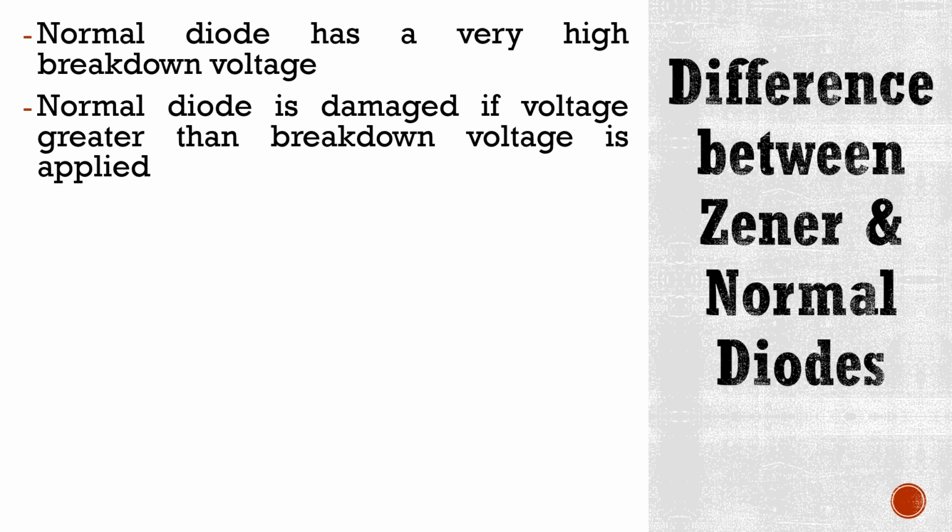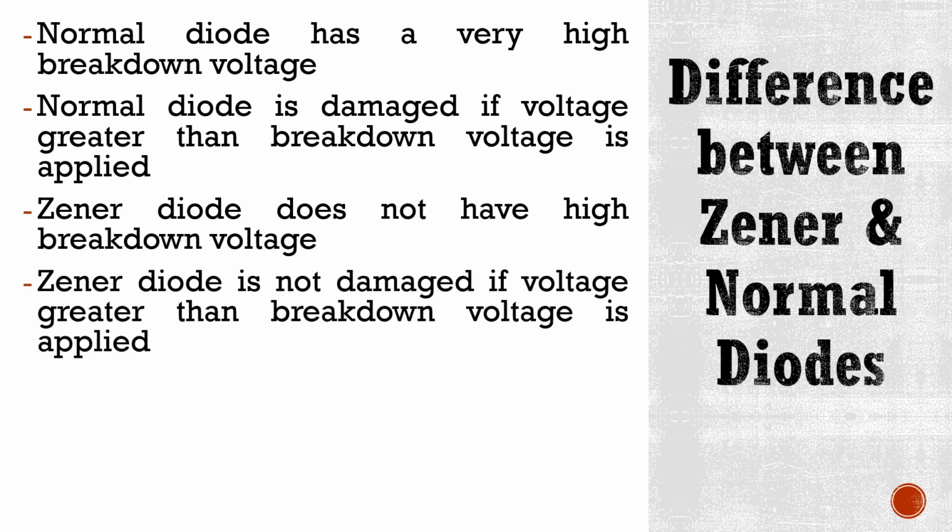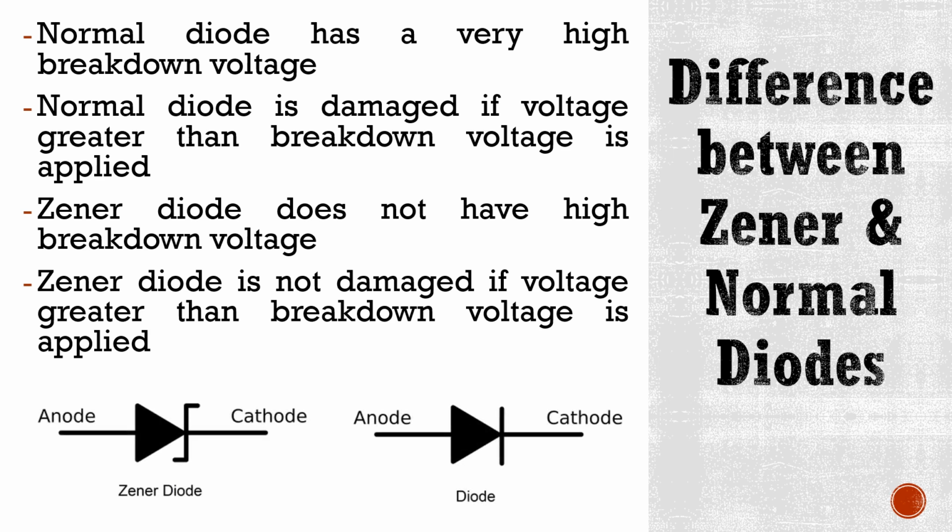But in case of Zener diodes, the breakdown voltage is not as high as normal diodes, and these Zener diodes are not permanently damaged if a voltage above the breakdown level is applied. Now look at this. We know that this is the symbol of a normal diode and this is the symbol of Zener diode. It shows that the symbols of Zener and normal diodes are also different.